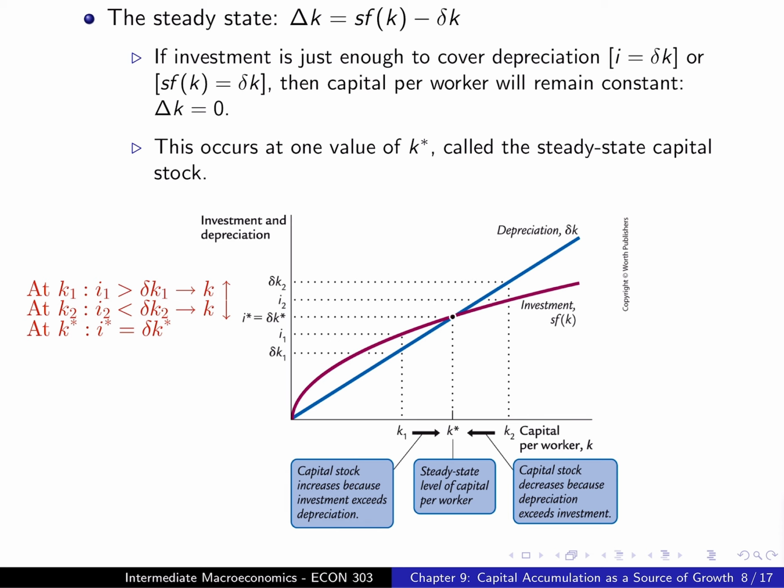If k2 is above k*, then i2 is less than δk2, so capital declines and k falls. Therefore, k* is a stable equilibrium at i* = δk*.